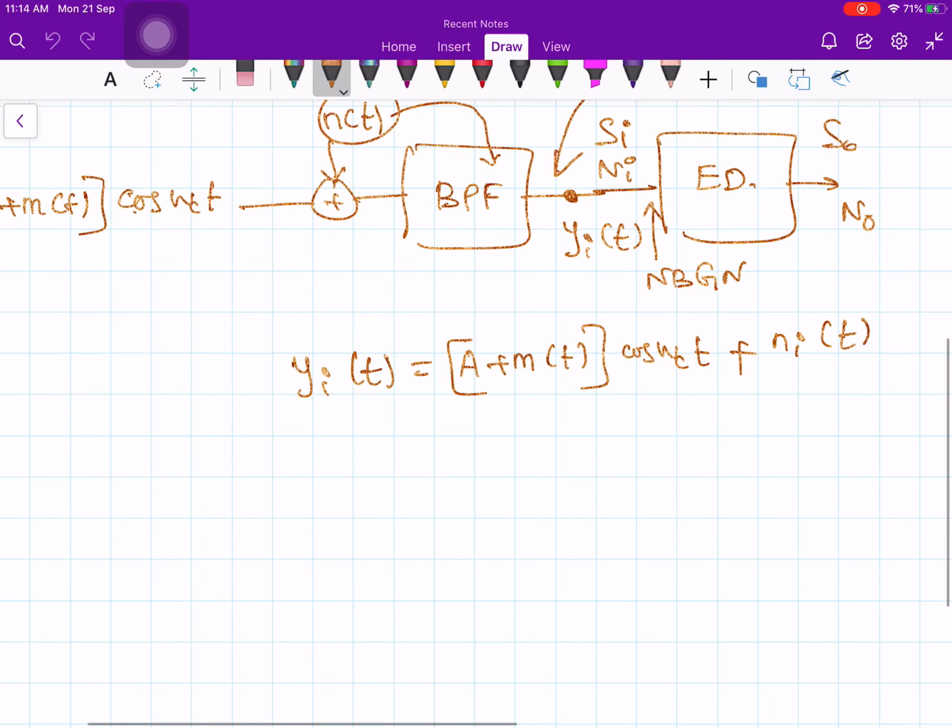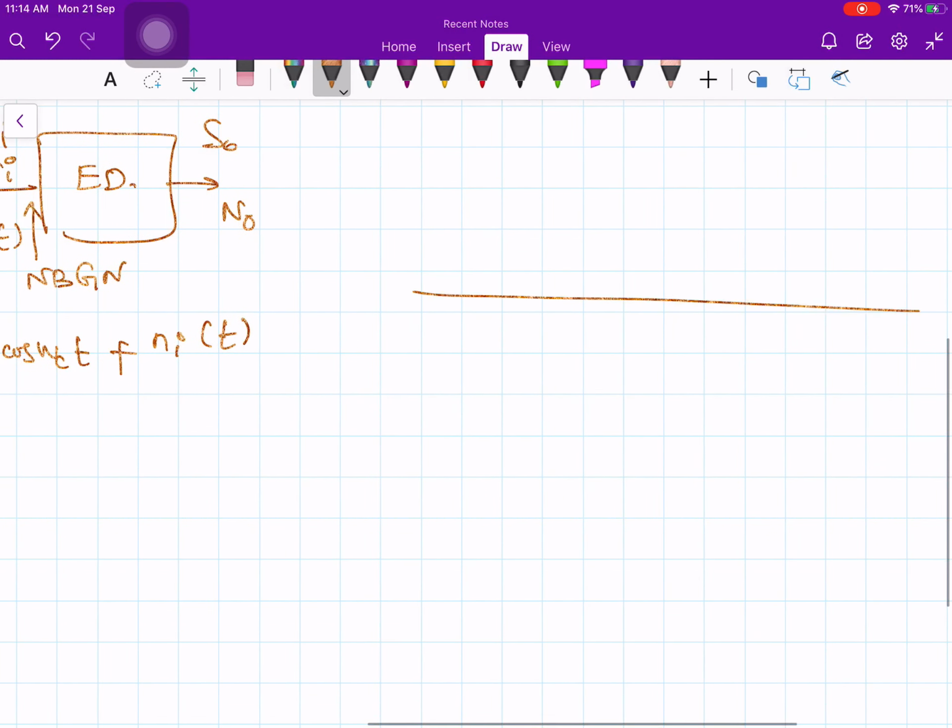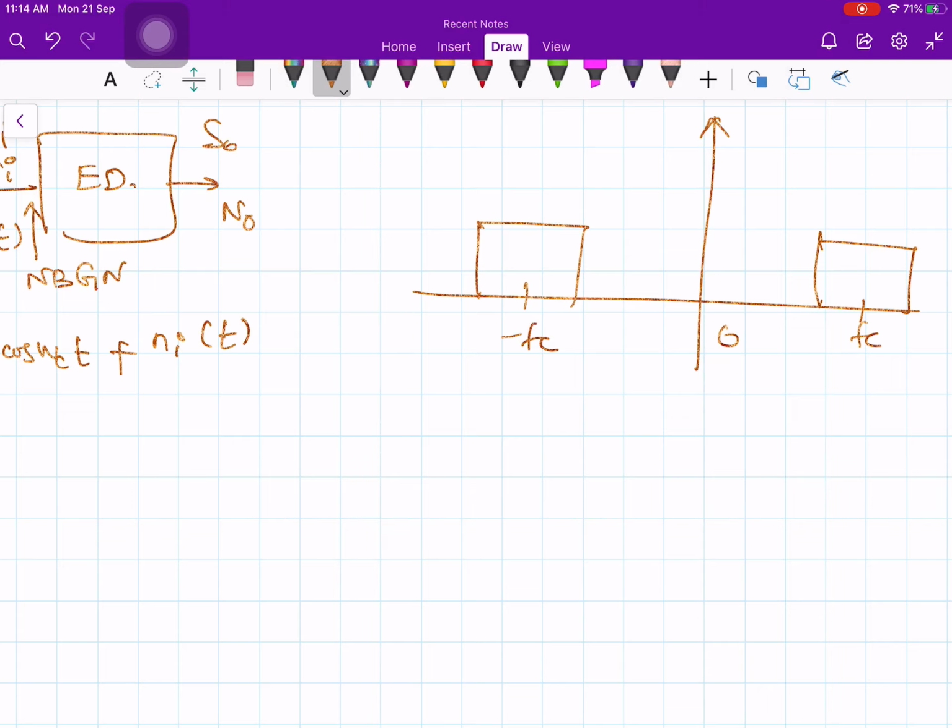Like if I draw, this is f c and this is minus f c, 0 like this. This is my ideal band pass filter characteristic. So what is the bandwidth here? 2B hertz, and on the negative frequency side, again you have 2B hertz.